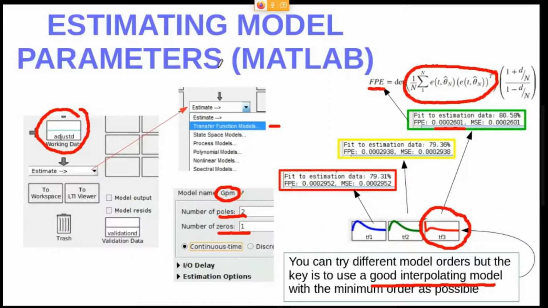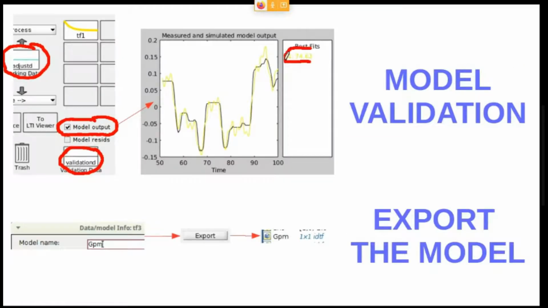Well, the main difference is that these fits that you can see here had been obtained just only with the adjust data set, right? So it's so common to have smaller values for these fits because you are checking these models against a different data set, right?